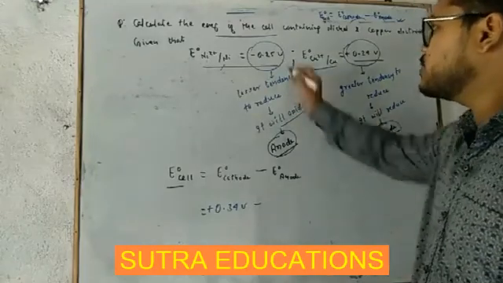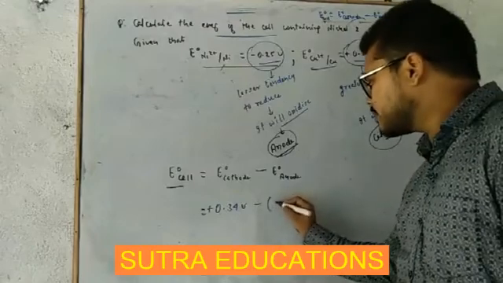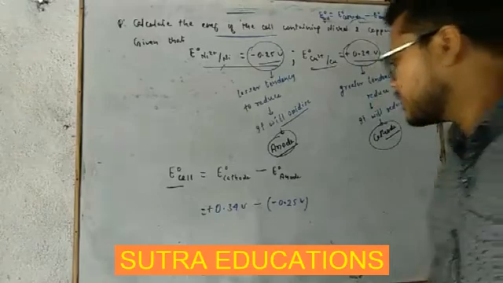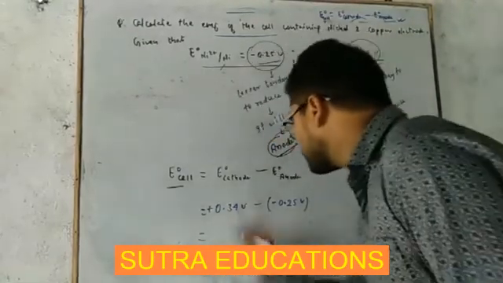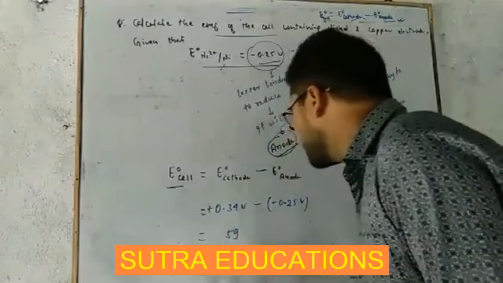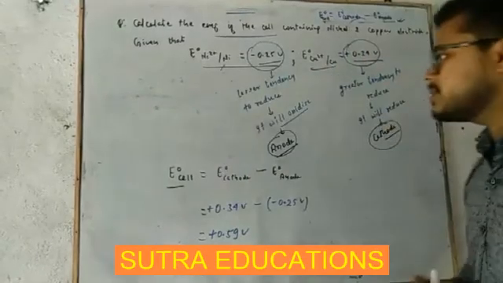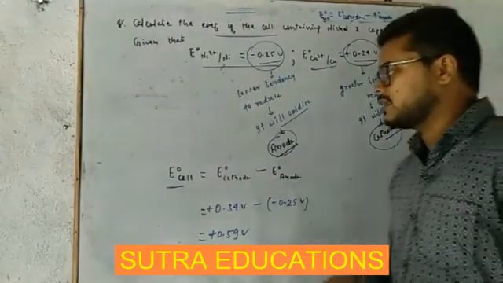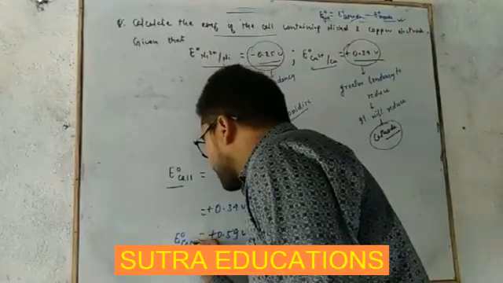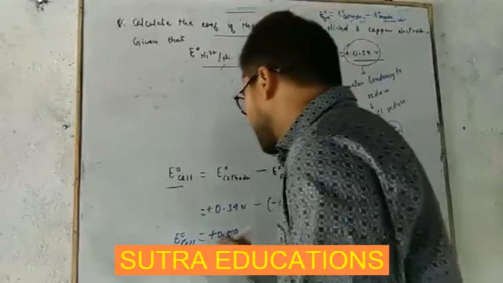So this value is given to us, minus 0.25 volt. So write it here, minus 0.25 volt. So finally it will become plus 0.59 volt, and it is the standard EMF of the cell. Standard EMF of the cell means E naught of cell is equal to plus 0.59 volt.